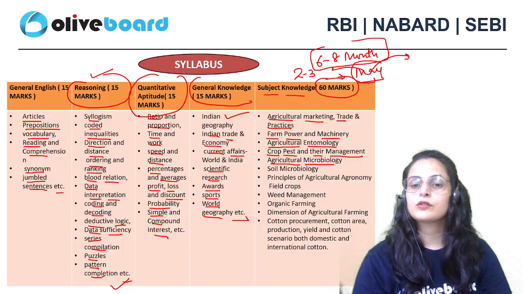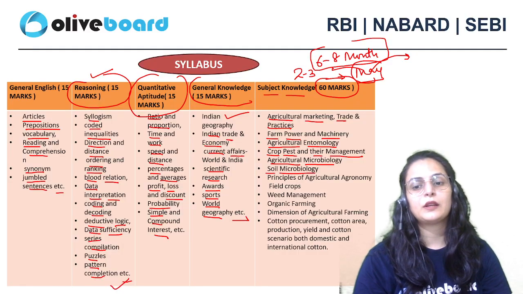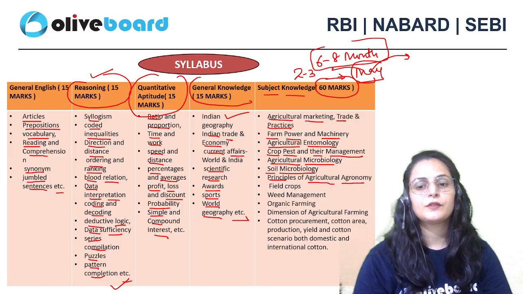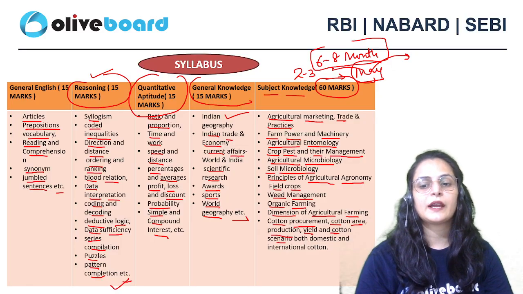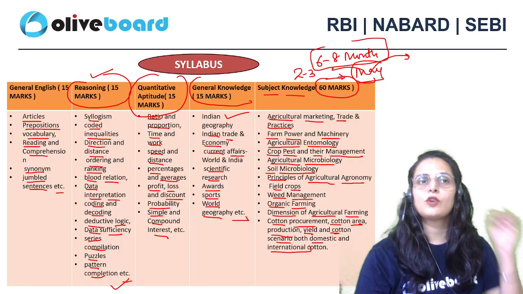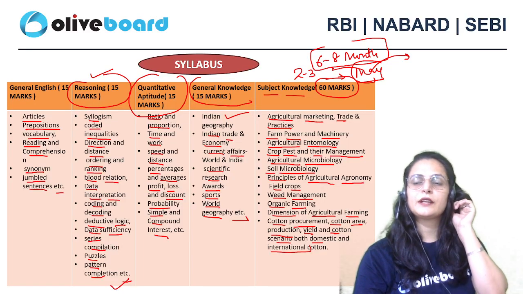Then agricultural microbiology, soil microbiology, principles of agronomy, field crops, weed management, organic farming, dimensions of agricultural farming, cotton procurement, cotton area, cotton production, cotton yield, and cotton scenario, both domestic and international. These are the important topics you have to cover under your subject.